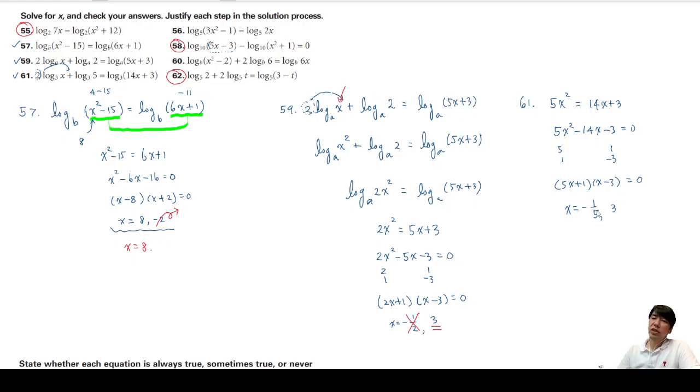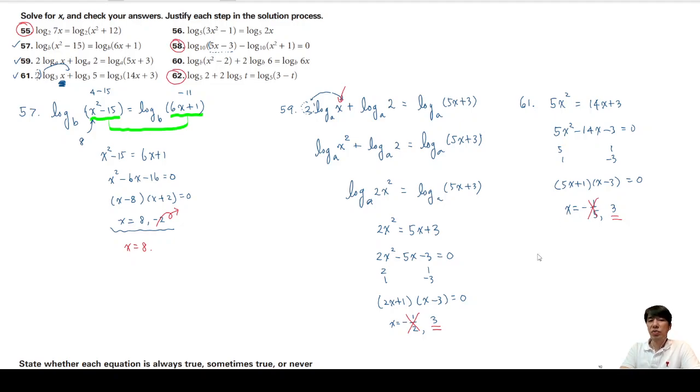If you put this negative 1 over 5 into this x right there, it makes the number inside the log negative. So you take this thing away. 3 is just fine. It's not going to get you in that trouble. So this is your only answer.